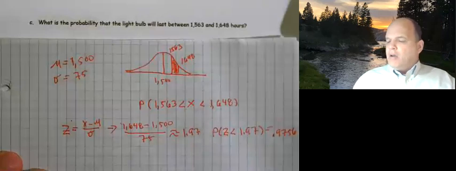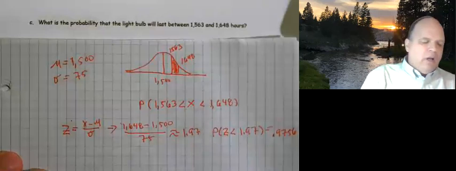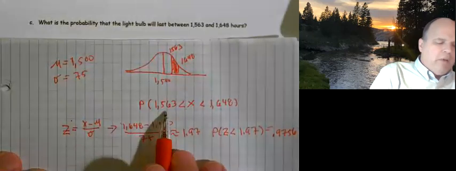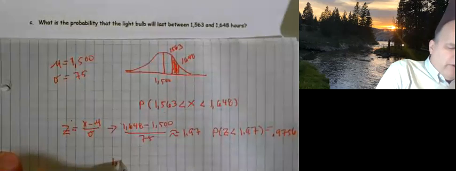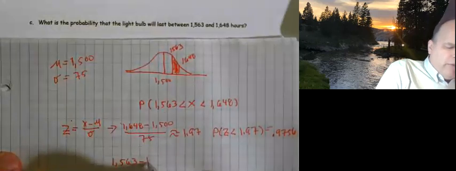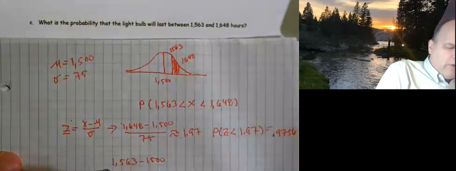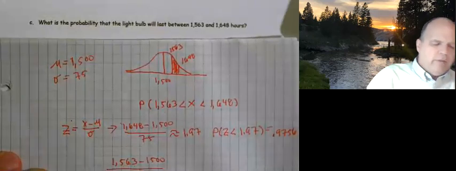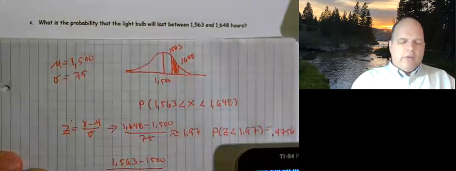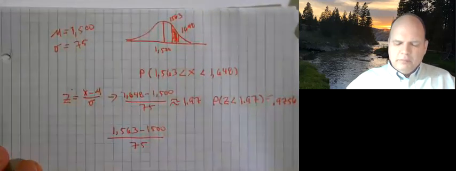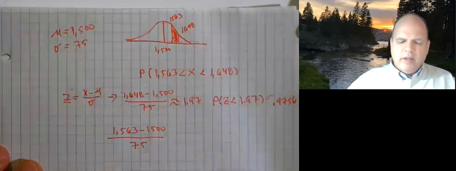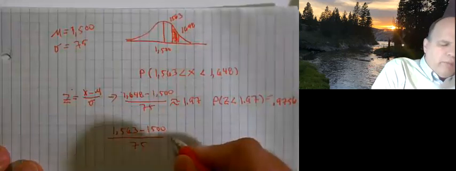Now, moving on to the second part, I need to do the same thing, but for 1563. So 1,563 minus 1,500 over 75. When I run that through the calculator, I end up with 63 divided by 75, and that's 0.84.